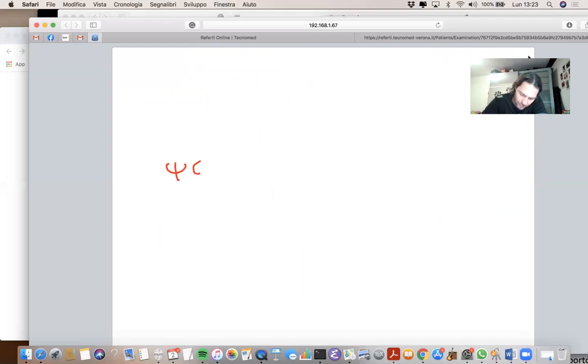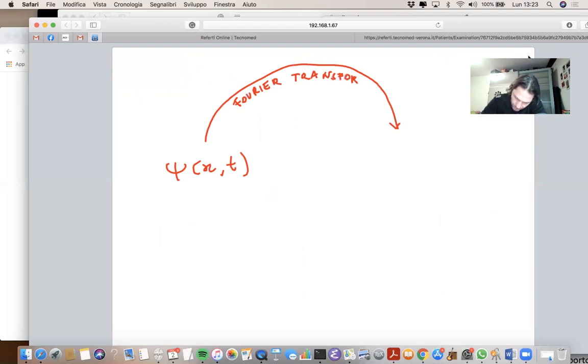I have a psi of x, t as a function. I go through the operation called Fourier transformation to a function psi tilde of p, t.